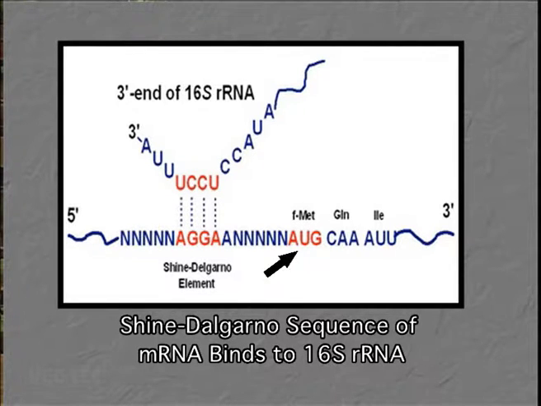So the first AUG just downstream of the Shine-Dalgarno sequence is supposed to be the start codon, and the interaction between the formyl methionine-tRNA and the mRNA fixes the localization of the start codon onto the P site. As I said, formyl methionine-tRNA has to first enter through the P site, so the start codon should be there in the P site.